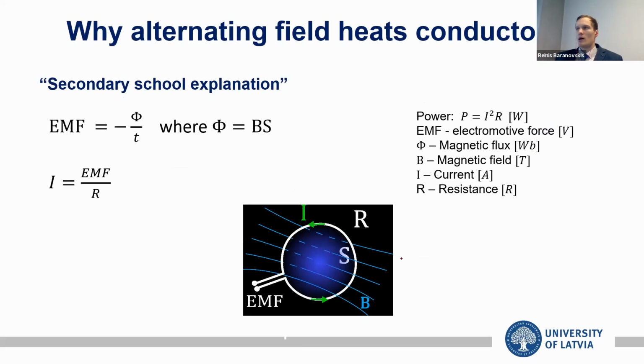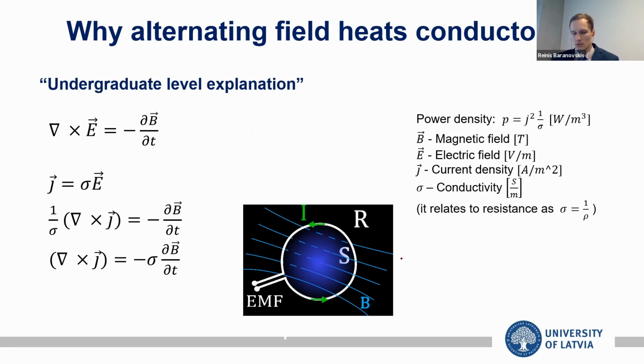So why does an alternating field heat conductors? A super simple explanation would be saying that a changing electromagnetic field flux causes EMF, and that causes currents in our conductor, in our circuit with resistance R. A bit more sophisticated explanation would be to look at Maxwell-Faraday law of induction.